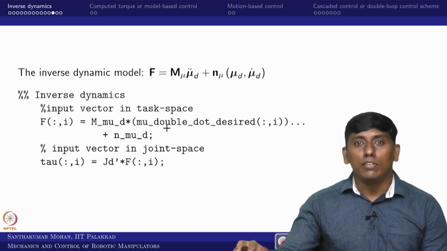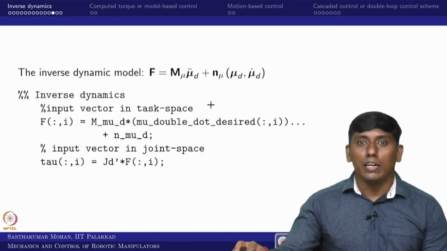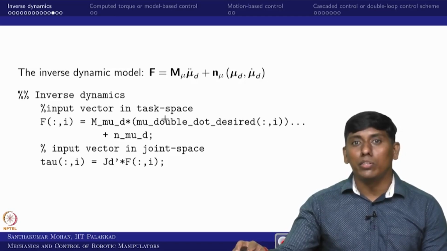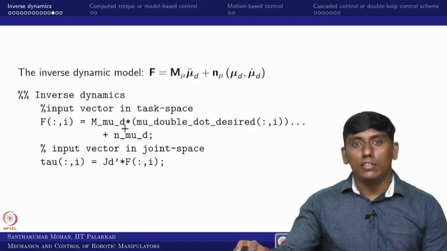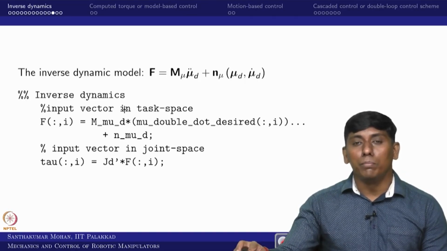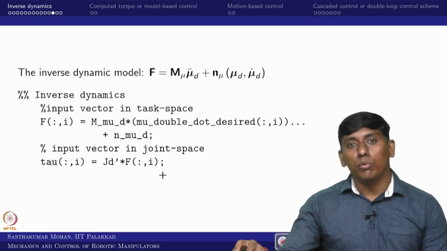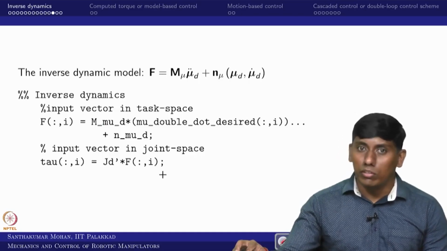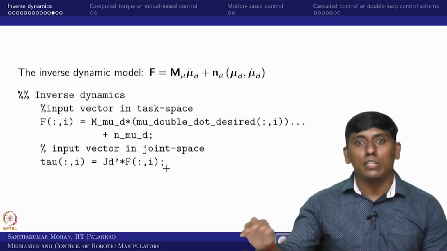So this is the inverse dynamics, where first we calculate the end effector forces and moments based on the known model. Then this is the inverse dynamic model with the input vector in task space, which we convert into joint space, because the original system is derived in joint space, since the actuator is fixed on the joint, right. So then we derived this.